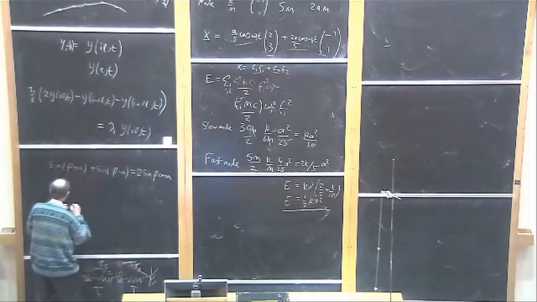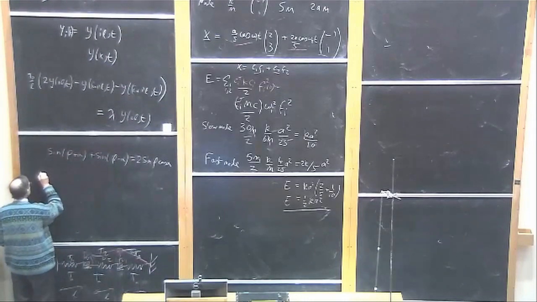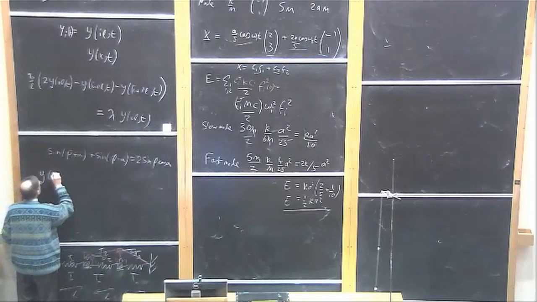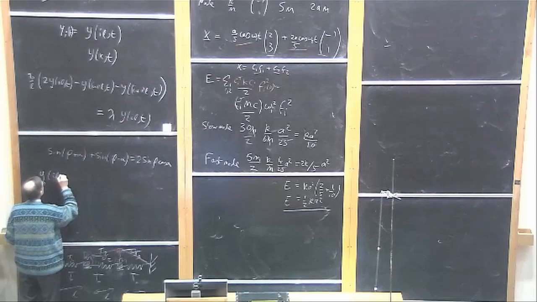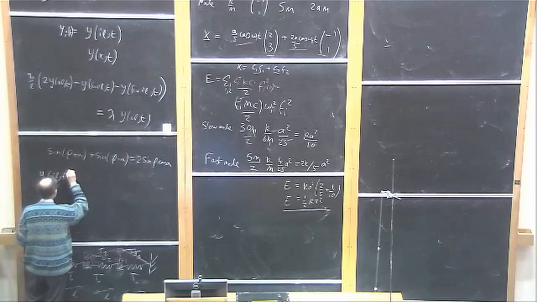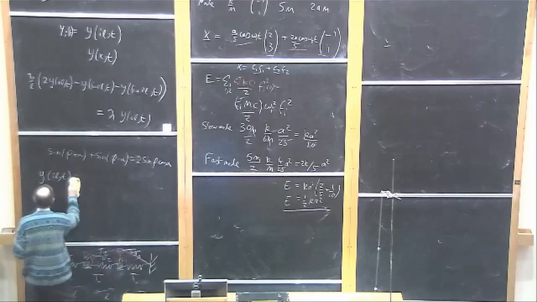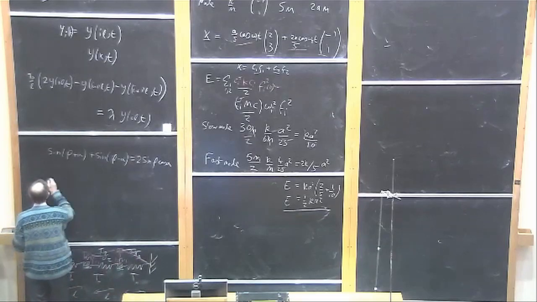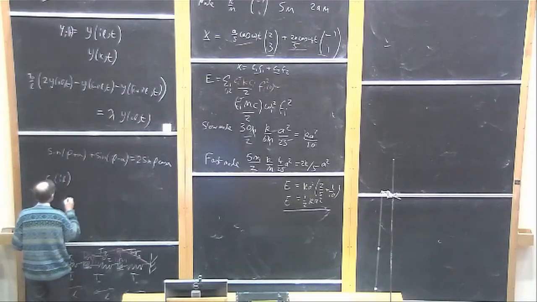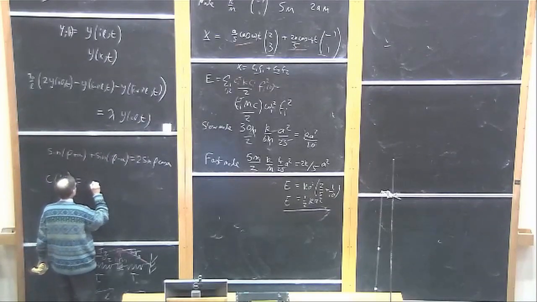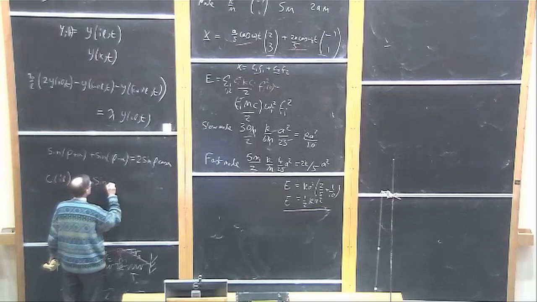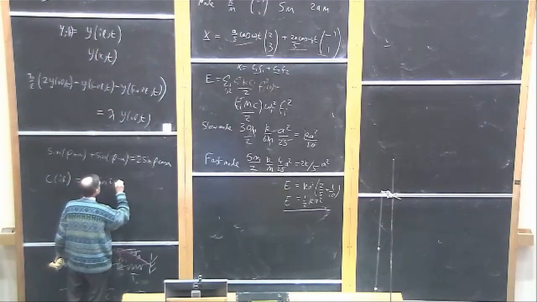So I'm going to make a bold guess. I'm going to suggest that y of iL t, well, it's not now a function of t because this is the eigenvector, isn't it? That c of iL is sine i phi.